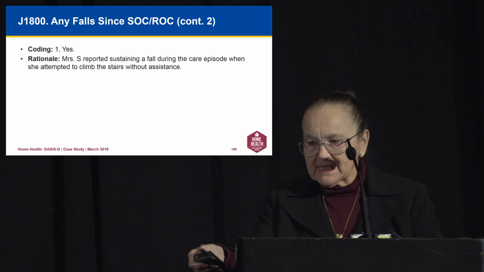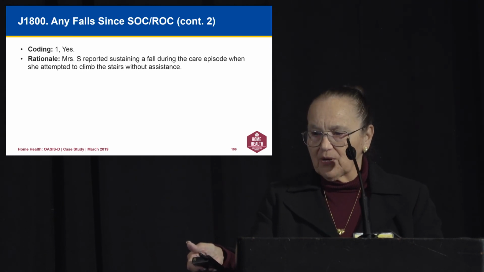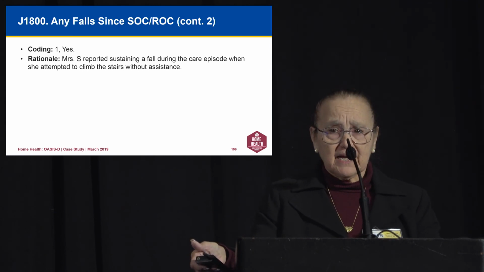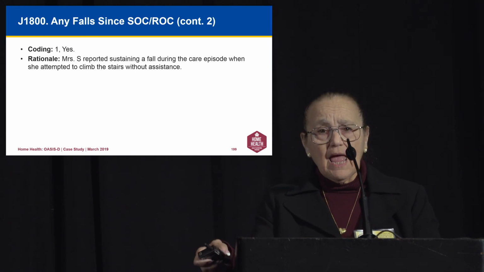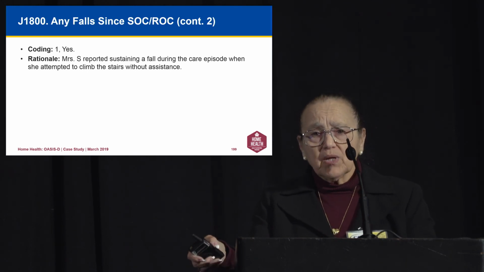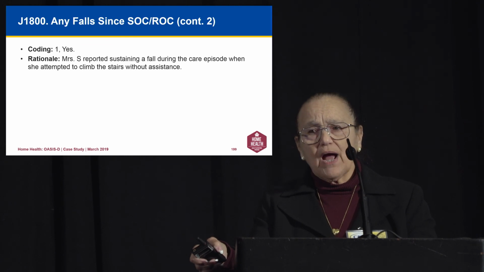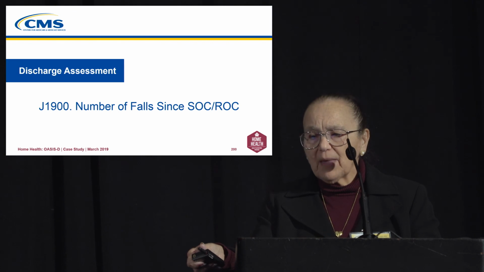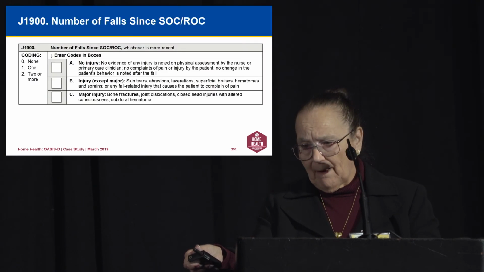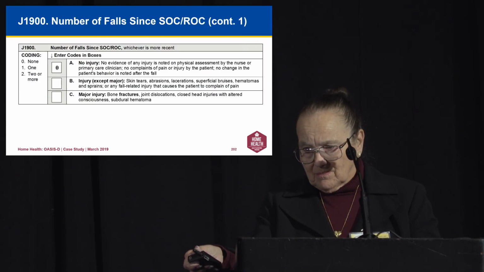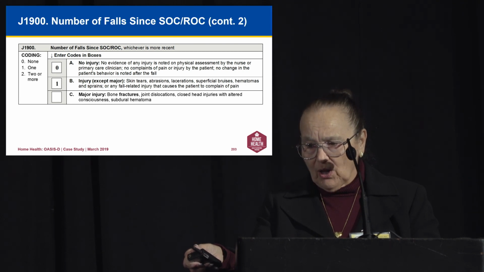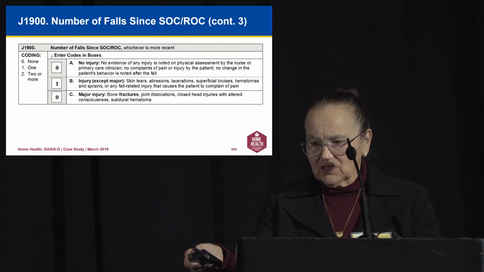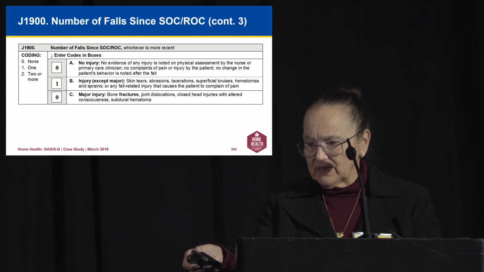Mrs. S reported sustaining a fall during the care episode when she attempted to climb the stairs without assistance. And we know from earlier coding that doing the stairs, she did require supervision and touch assistance. So how many falls did she have? She had the 1 fall, and she sustained a minor injury, defined as skin tear, abrasion, laceration, or superficial bruises.